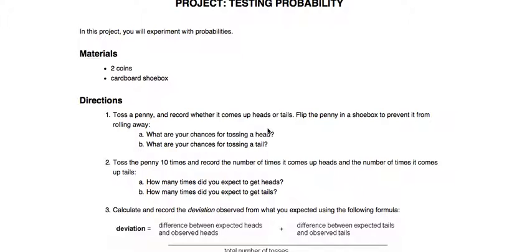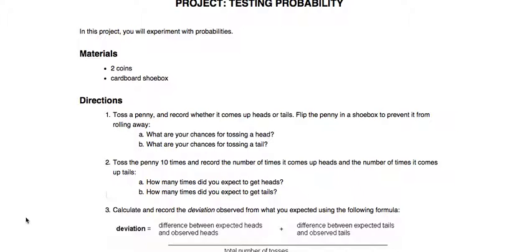So if you did that 10 times, half the time you would expect to get heads and half the time tails. With 10 instances, those numbers should be 5 and 5. If you did it 100 times, you would expect 50 and 50. If you did it 200 times, you'd expect 100 and 100. Those are the expected experimental results.